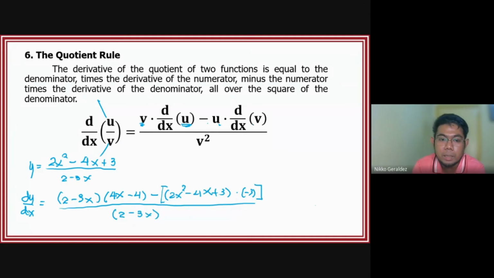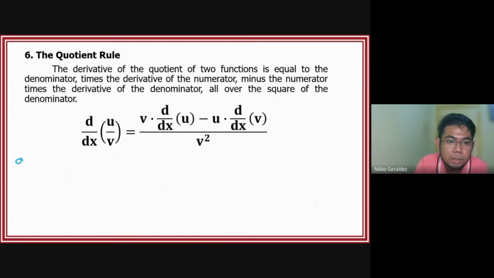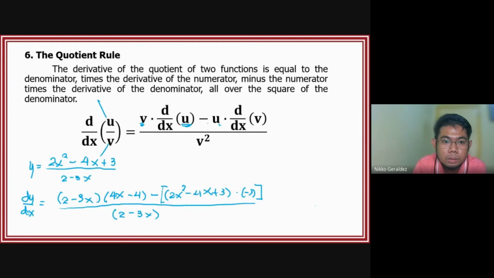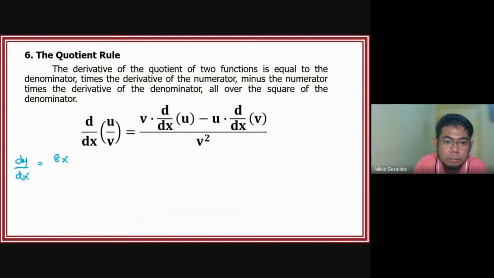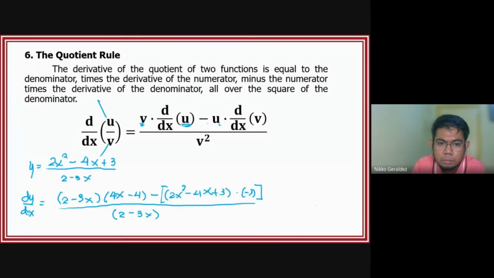So, simplify. 2 minus 3x times 4x minus 4. FOIL method. 2 times 4x, 8x, ano pa? Minus 8.